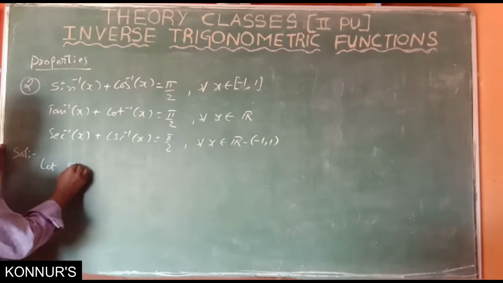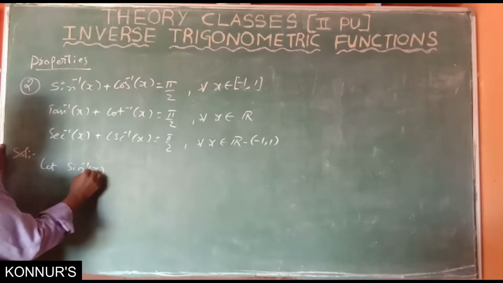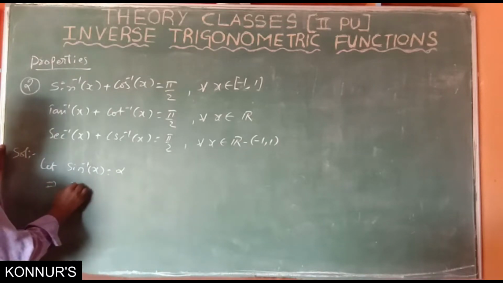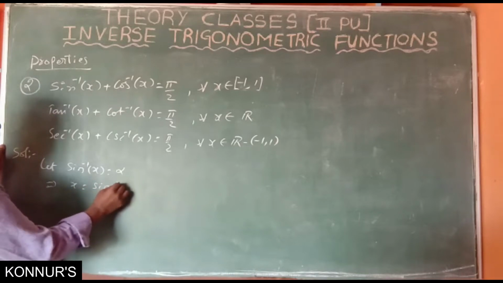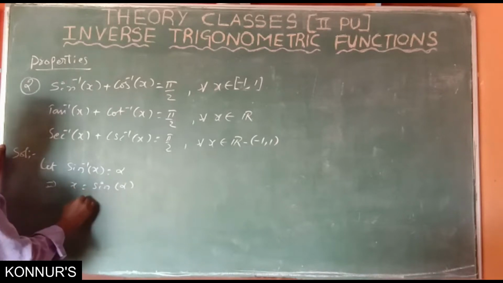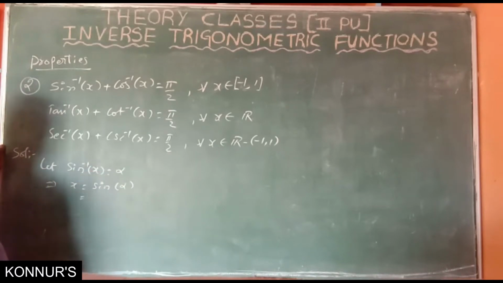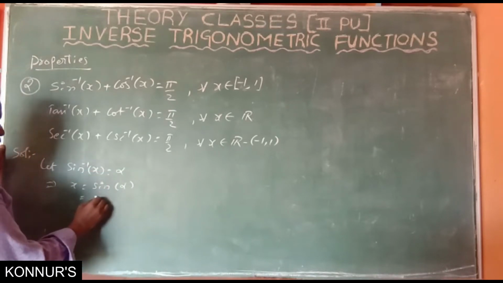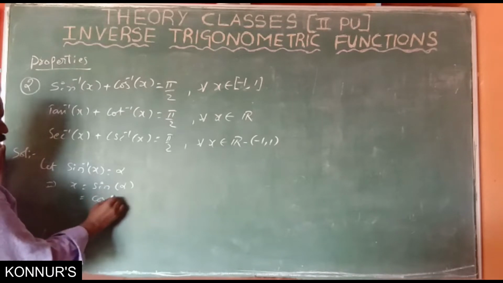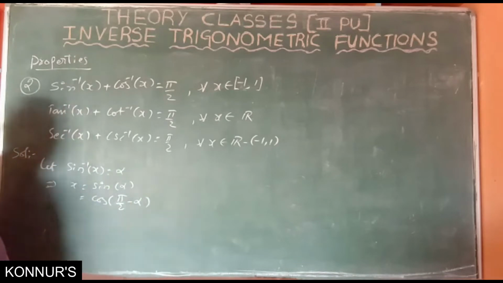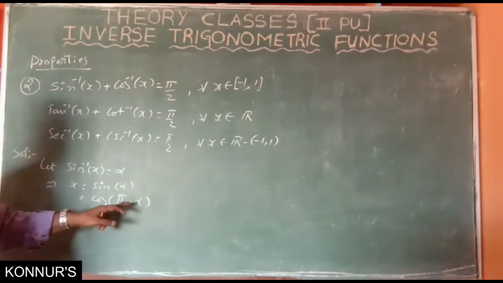Let sin inverse x be equal to some alpha. That implies x is equal to sin alpha. What is sin alpha in terms of cos? It is cos of pi by 2 minus alpha, also cos of 90 minus alpha.